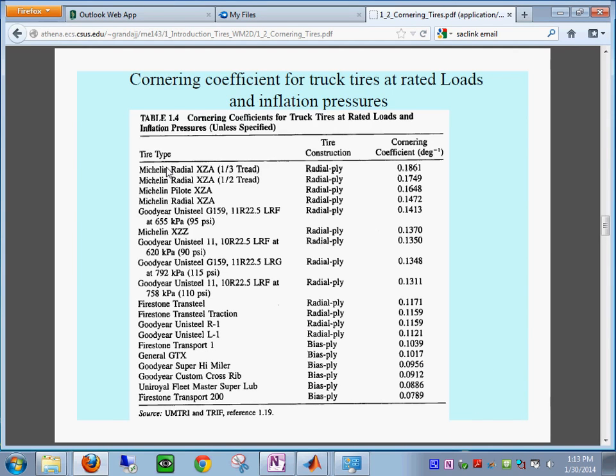There's a lot of factors regarding tires, but with this one, you could see that the Michelins are really very efficient tires. They're tricky because just small variations could produce differences in these numbers that would influence the performance of it.